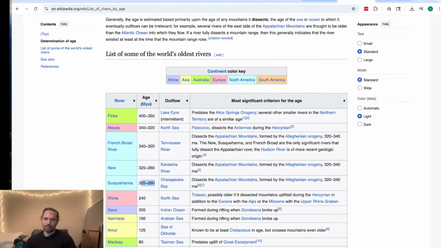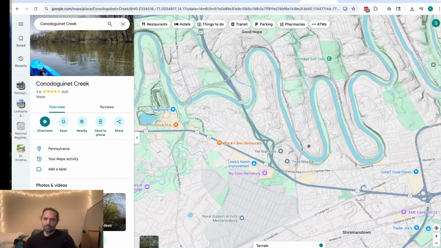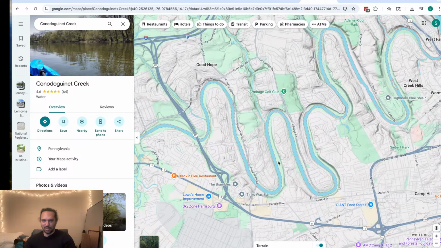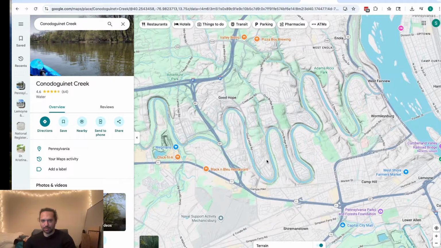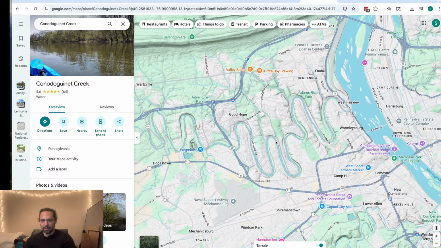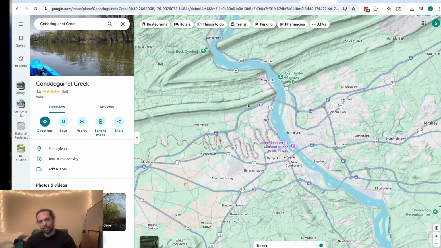This river, this is not that, I don't think. I think what's happened here is that it's cut down through the ridge lines. Correct me if I'm wrong, but I think this creek has broken through successive ridge lines as it winds its way through. Although it is in a valley beneath the hill, and it's not as clear.